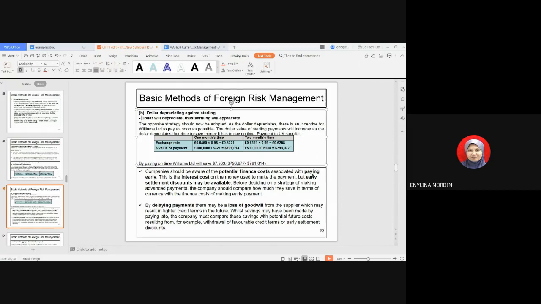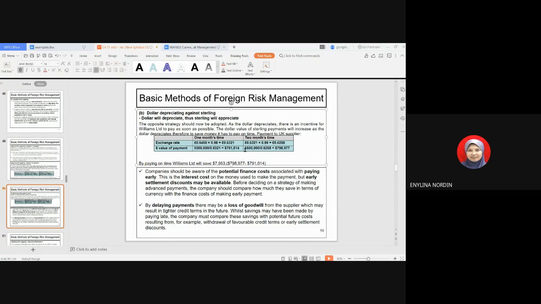If the dollar is predicted to depreciate, the sterling is predicted to appreciate. So what happens if the sterling appreciates?